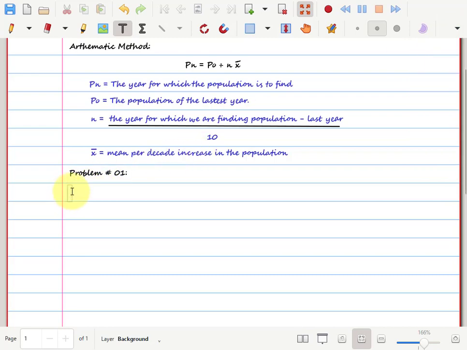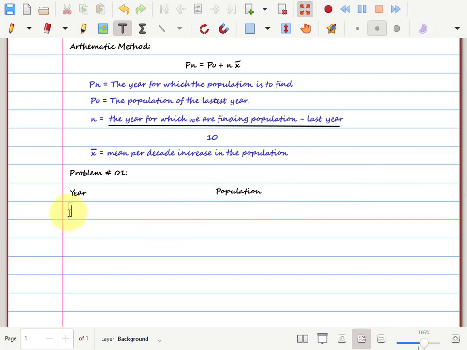The statement given to us is, we are given some data, year and population. We are given year and population.